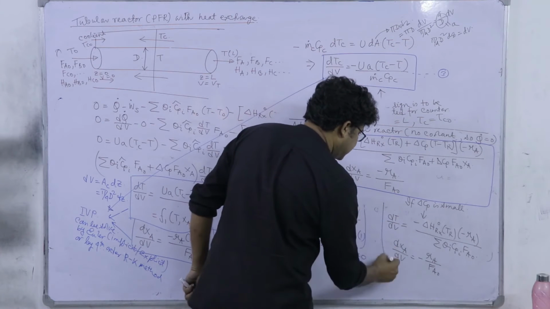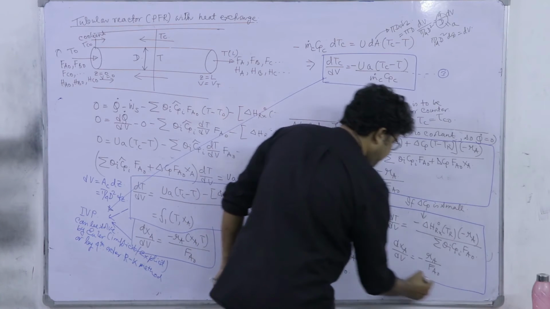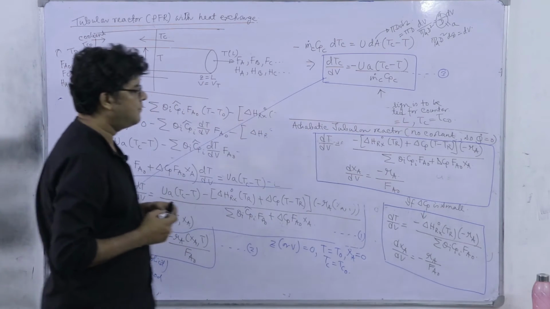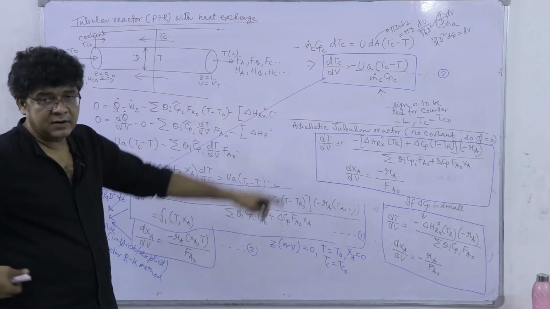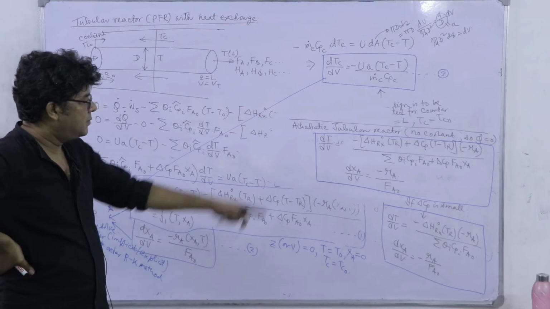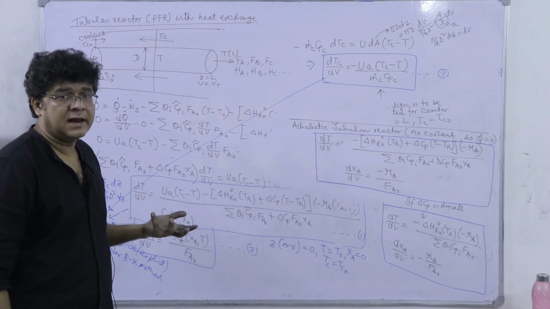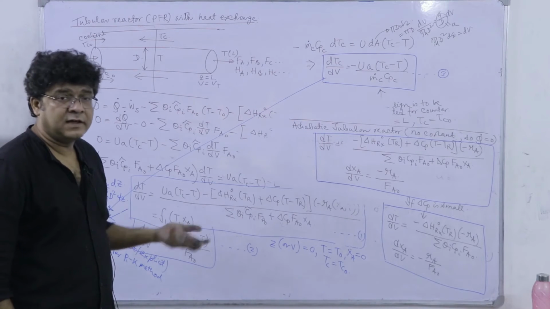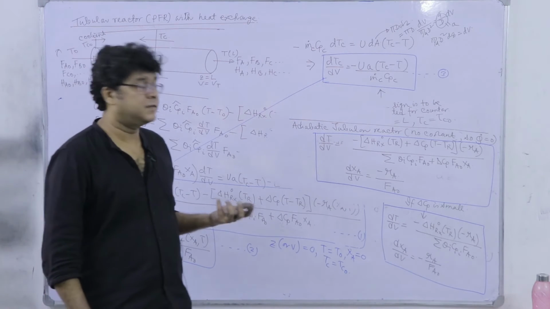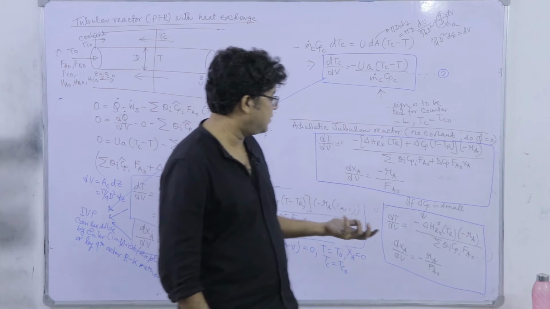That is the further and final simplification we can have, and again that cannot be solved analytically because minus Ra consists of a nonlinear Arrhenius term, even if it is a first order or any order irreversible reaction.